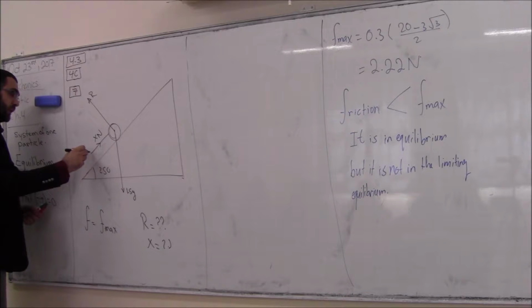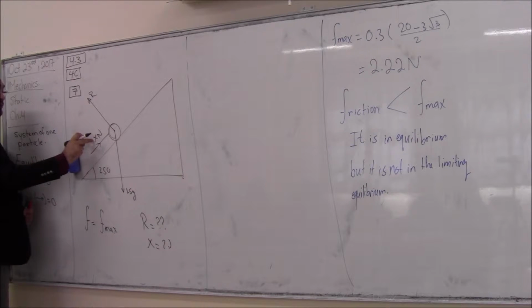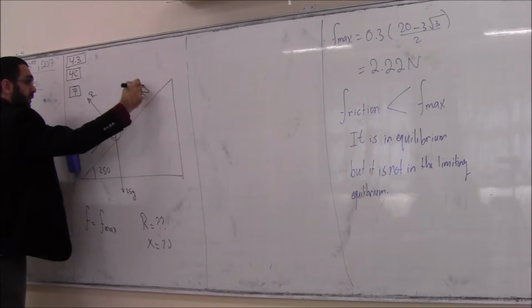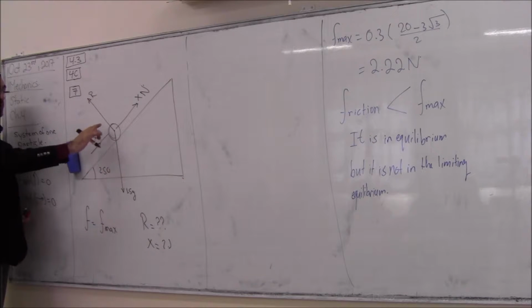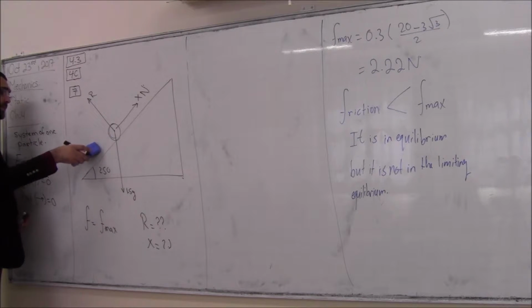And there is a friction. X in newtons, where should it be placed? This side. Again, we will shift the force only, so its tail lies on the object, not the head. Okay, fine?